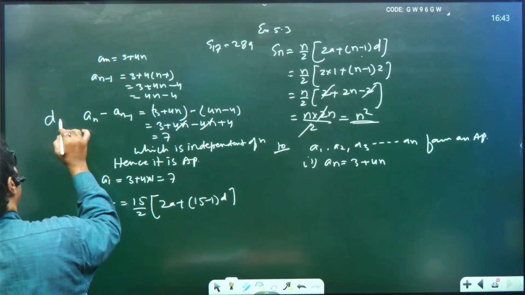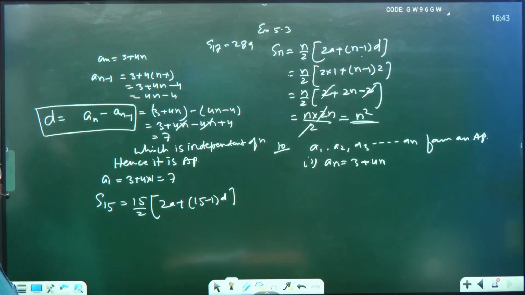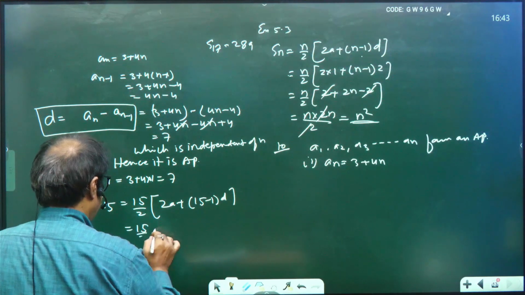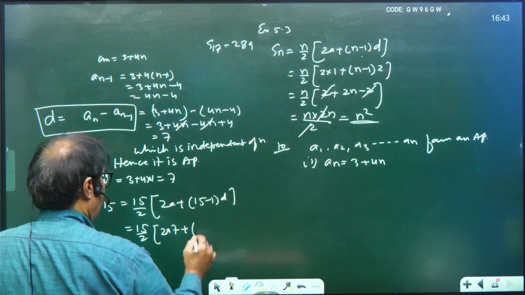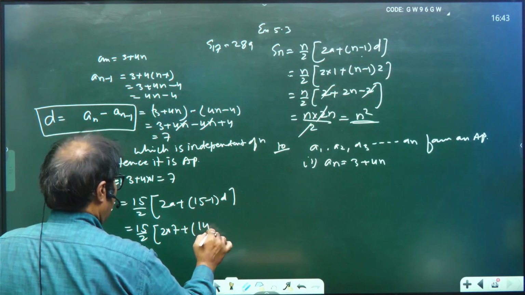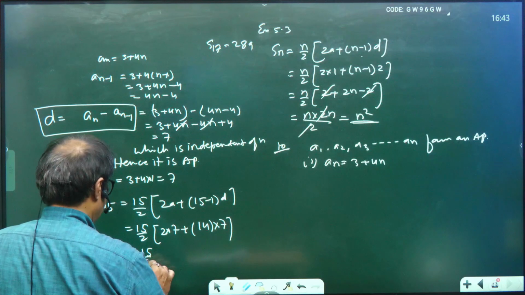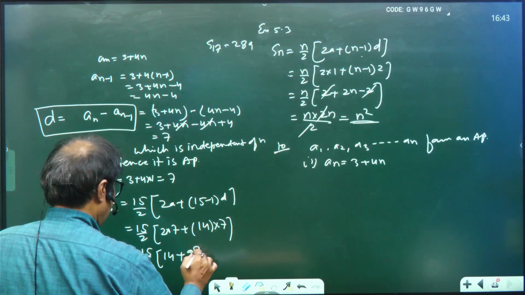This is the formula, and d is an minus an minus 1. So this is 15 by 2, and a is 7, and 15 minus 1 is 14, and d is also 7. So this is 15 by 2 into (14 plus 98), since 2 sevens are 14 and 14 sevens are 98.